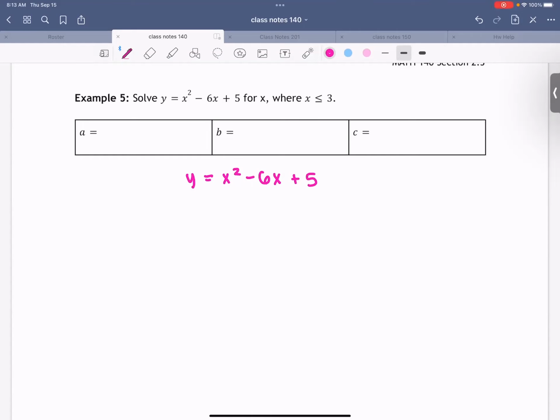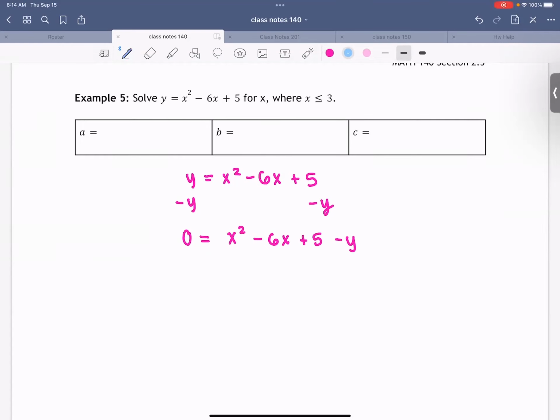And maybe there'll be a 0 when I do that. I'm going to subtract y on both sides. So we're left with 0 equals x squared minus 6x plus 5 minus y. Now I have a 0, which means I could use my quadratic formula, right?